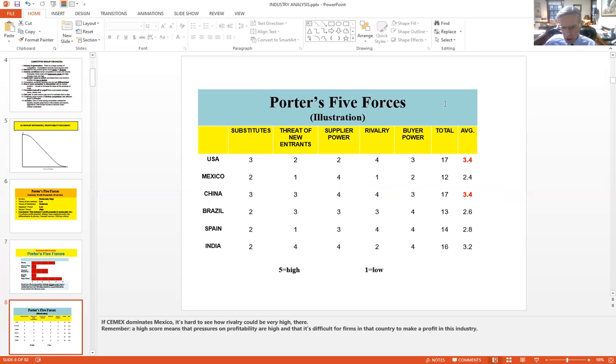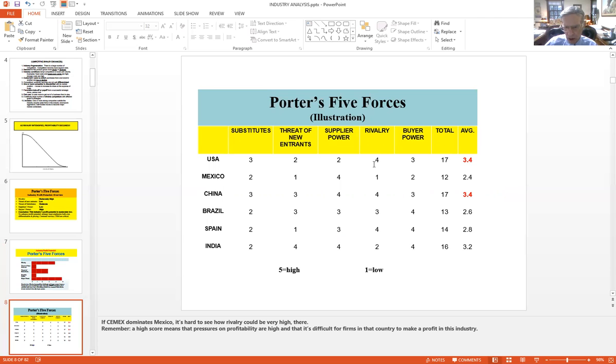Does that mean we stay out of the US and China? Probably not. But what it does mean is that we're going to have to do some real good strategic planning to come up with strategies to offset the strong forces in this industry.